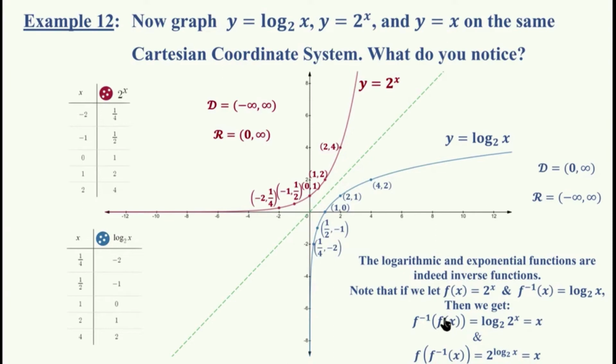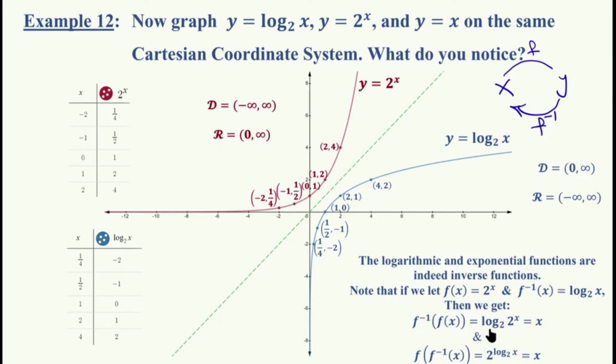In fact, we can easily prove it in the case of these two. Remember, if you have two inverse functions and you start with an input, apply one of the functions to get an output, then the inverse should take you back to that. So if you follow those two functions back to back in the form of composition of two functions, start with x, apply f to it, and then apply f inverse to that outcome, you should get back to x.